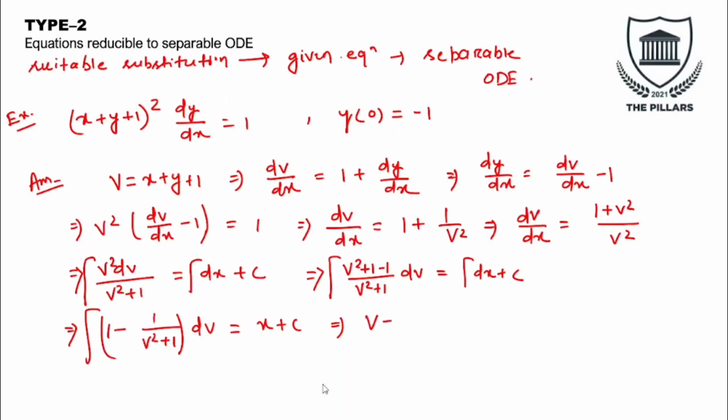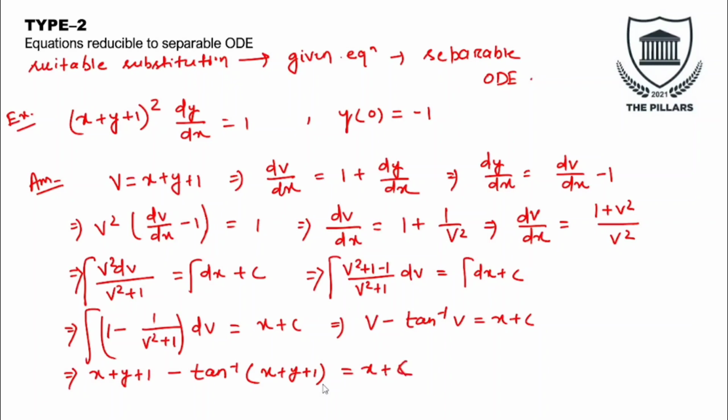So we will get v - tan inverse v is equal to x + c, and we know the value of v here. This is x + y + 1 - tan inverse (x + y + 1) is equal to x + c. Now we have been given this condition here, y at x = 0 is -1.